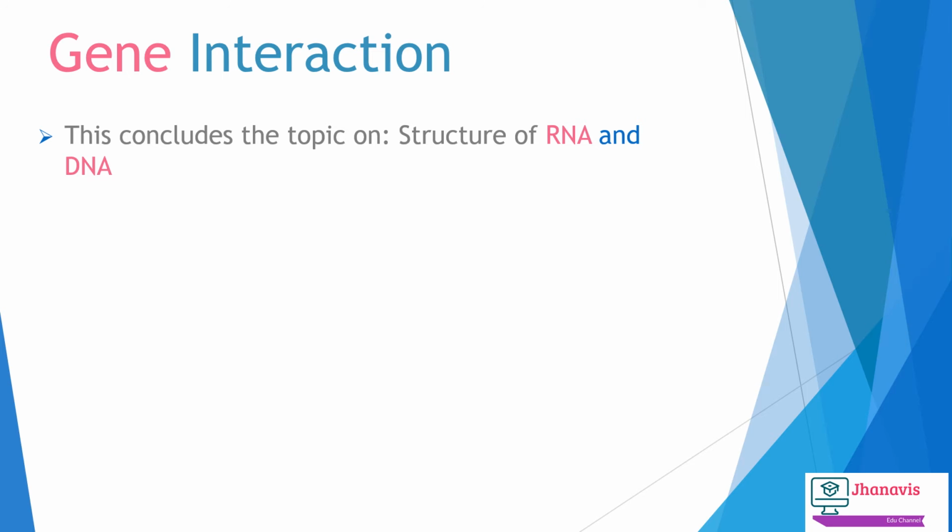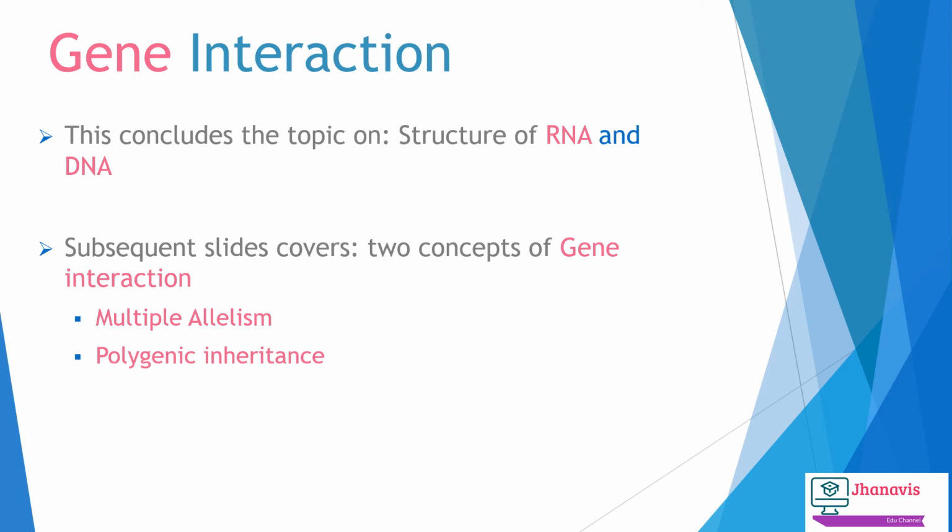Next I am going to continue with the gene interaction, where we have two concepts left, multiple allelism and polygenic inheritance. We will be continuing the gene interaction session here, taking these two examples to complete it.